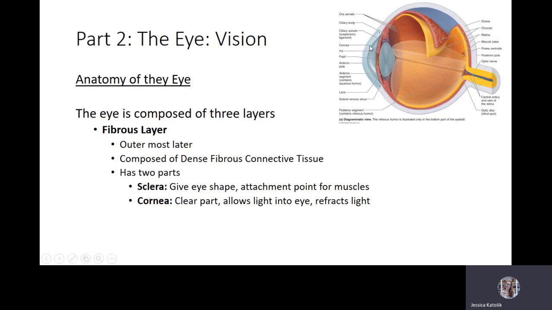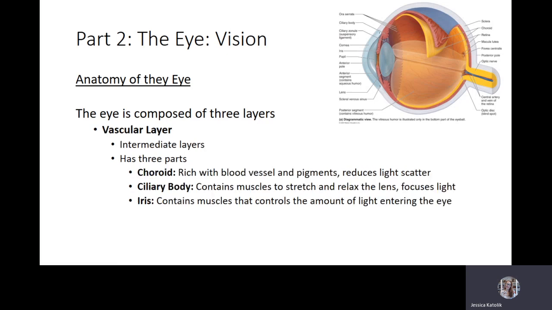This curvature is essential for refracting light and helping light to focus on the retina. We'll talk about that more when we get into the optics of the eye. So we have the sclera on the outside and the clear cornea over here as well, and these are both composed of the fibrous layer.